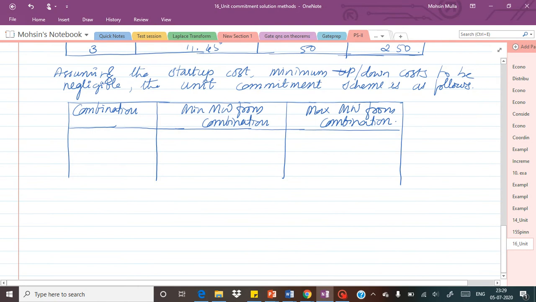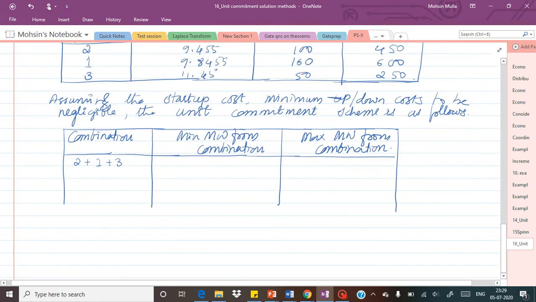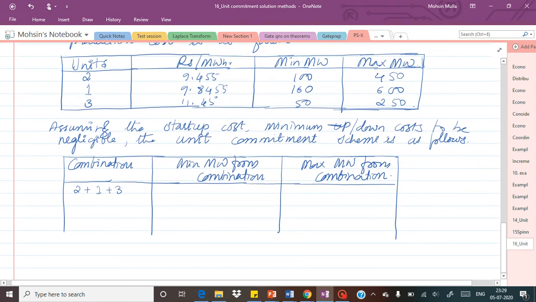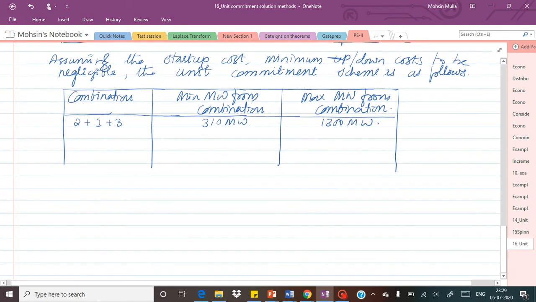Maximum will be when all three are operated: first unit 2, then unit 1, then unit 3. Their minimums are added together: 100 plus 160 is 260, plus 50, so it is 310 megawatt. Then the maximum is 1300 megawatt.